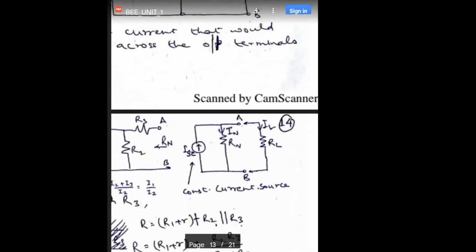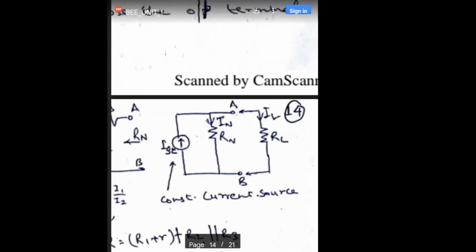Here, it focuses on the parallel combination of load resistance and Norton resistance. There was a voltage source, here it is a current source. There, the voltage source was in series with the load resistance and Thevenin resistance.